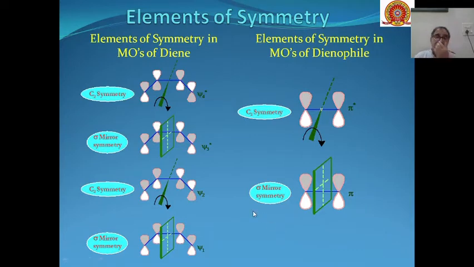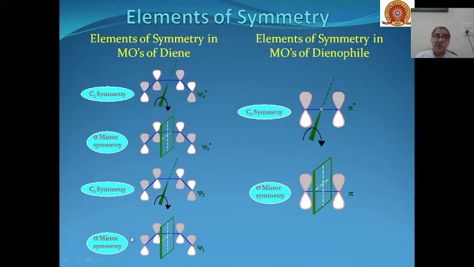Then elements of symmetry in case of diene and dienophile. You know, in case of diene, there are four molecular orbitals: psi1, psi2, psi3 antibonding, and psi4 antibonding. These two are bonding molecular orbitals. These two are antibonding molecular orbitals.